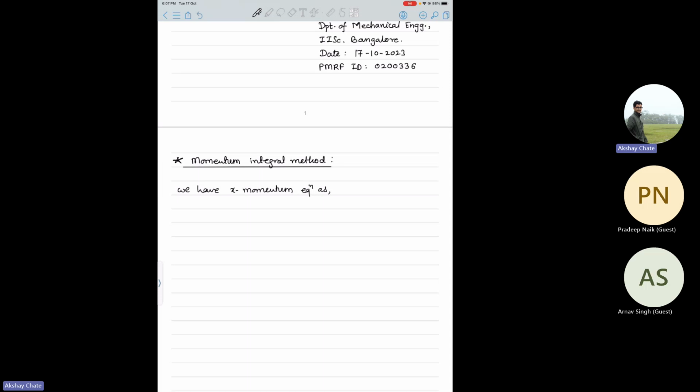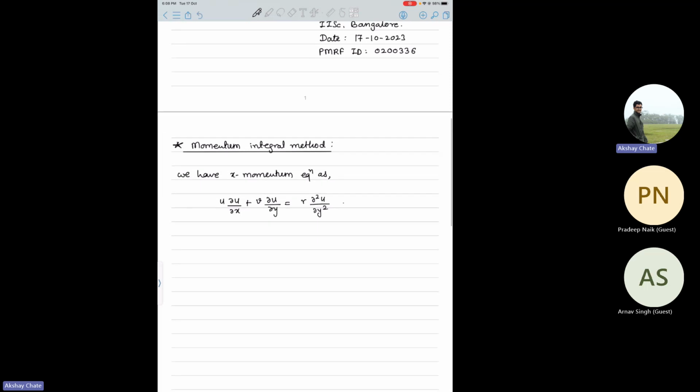The momentum equation is u del u by del x plus v del u by del y equal to nu, which is mu by rho, the kinematic viscosity, times the second order term associated with the viscous term.